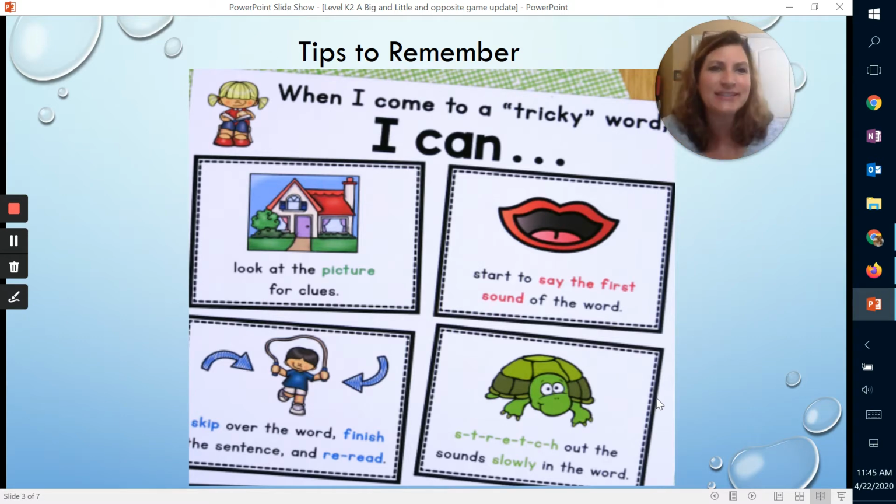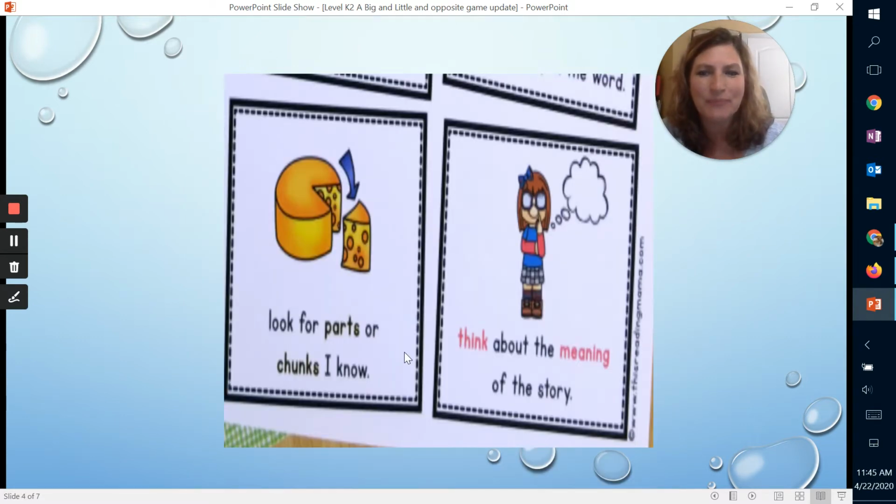So that's an example of how to sound it out. And then when you get really good at reading, you can start looking at chunks of words, like a word within a word. That kind of helps you figure it out. And then think about the meaning of the story and see if the word you're reading makes sense with what the story is about.